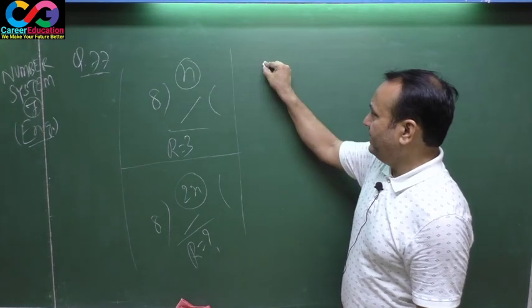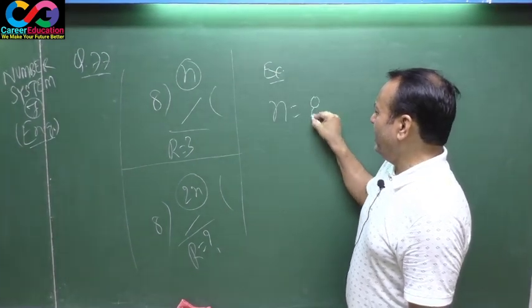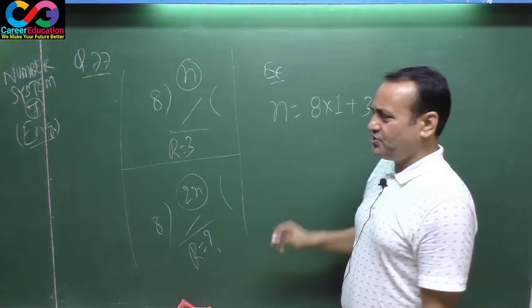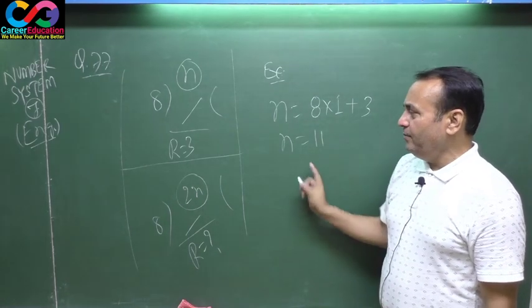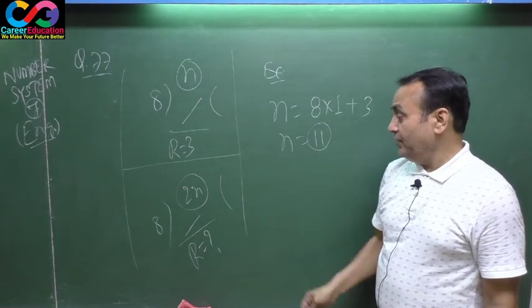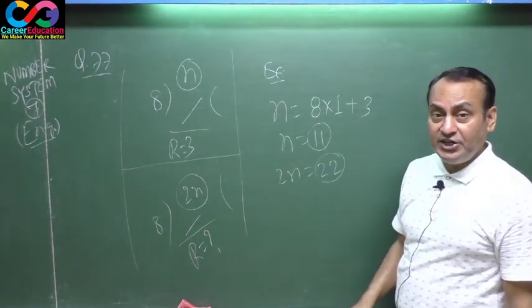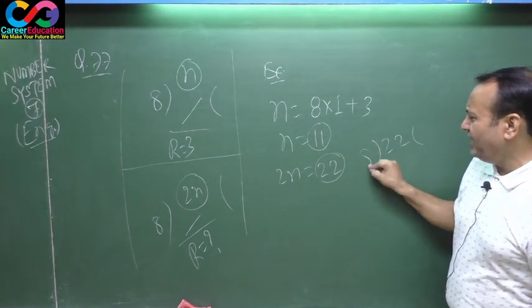Put an example here. See here, when a number is divided by 8, quotient is 1 and remainder is 3, so this number is 11, means n may be 11. If n is 11, 2n is 22.